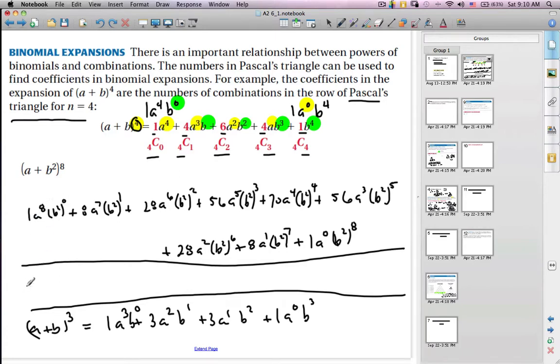So this becomes just A to the 8th. And then I'll have 8, A to the 7th, and B squared to the 1st power is just B squared. And then I'll have 28, A to the 6th, and B squared squared is B to the 4th. Remember, when I take a power to a power, I multiply the exponents.